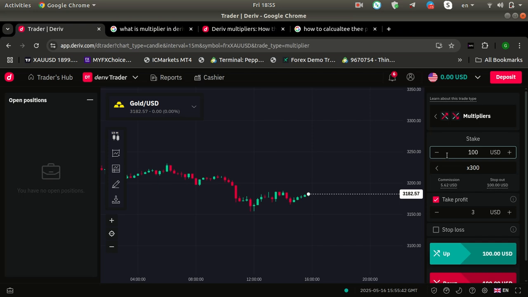So basically with Deriv, it offers a kind of trading that is almost similar to betting, and this is a very good thing. It simplifies it and makes you have much more control on managing your capital.